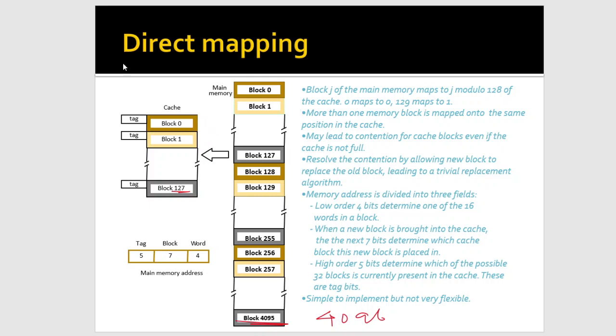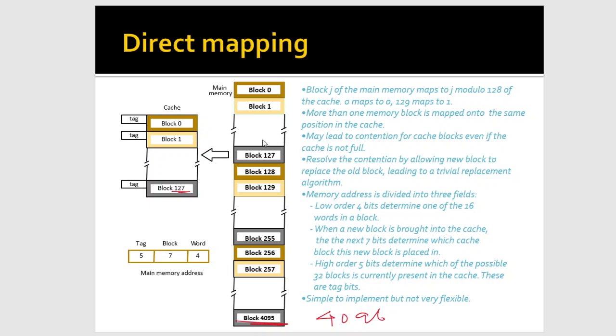That means the size of the block in the main memory is the same as the size of the block in the cache. So in order to differentiate between these two blocks, sometimes we refer to a block frame for cache, or we call it a line in the case of cache memory.